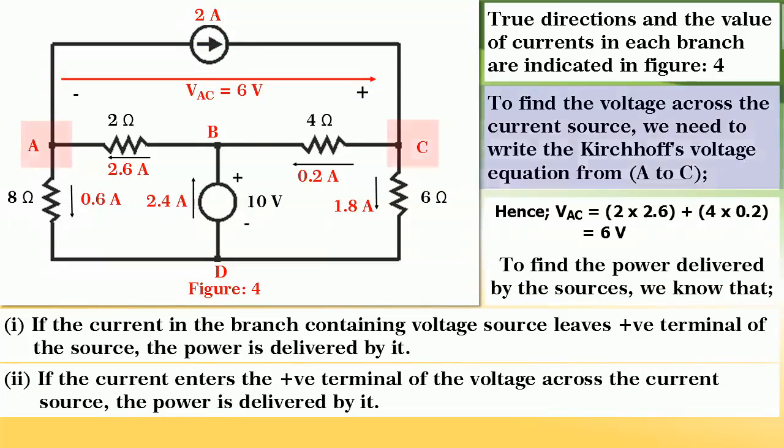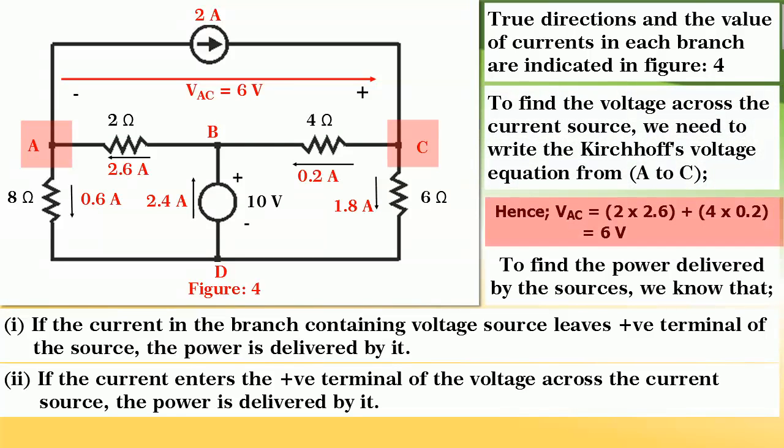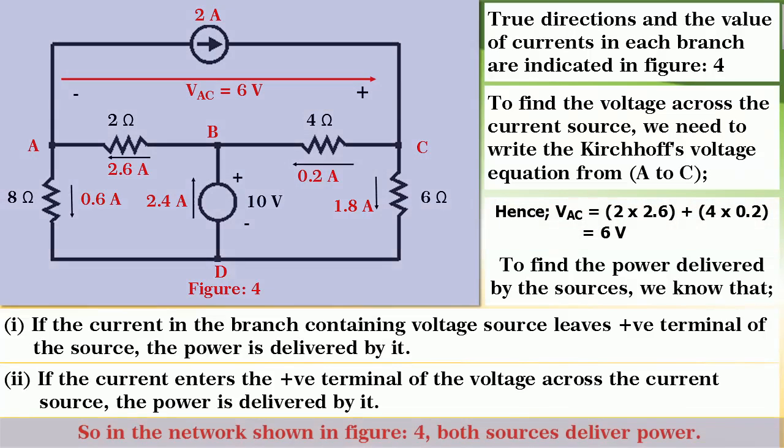Hence, to find the voltage across the current source, if we write the Kirchhoff's voltage equation from A to C, we get VAC is equal to 2 into 2.6 plus 4 into 0.2, which gives us 6 volts with plus terminals towards C and minus terminals towards A. So, in the network shown in figure, both sources deliver power.